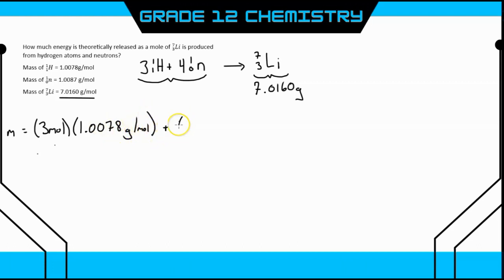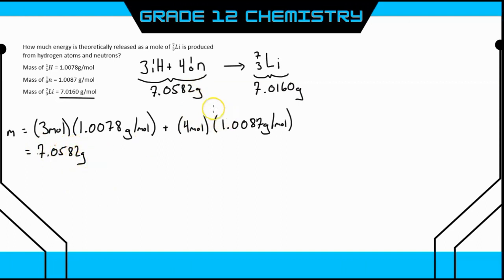And then we have 4 moles of neutrons, where 1 mole of neutrons is 1.0087 grams per mole. So that's going to give us a total mass of 7.0582 grams.